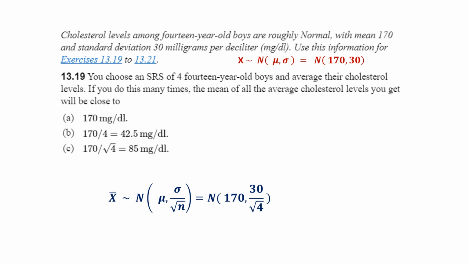So 170, 30 by square root of 4. If you do this many times, what is the mean of the average cholesterol level you get? The mean is 170. Mean is not altered. Mean is the same. So your answer must be A. And this 30 by square root 4 becomes the standard deviation.